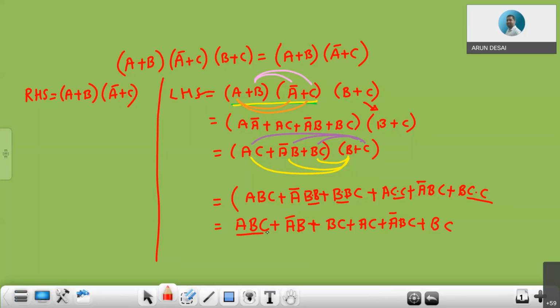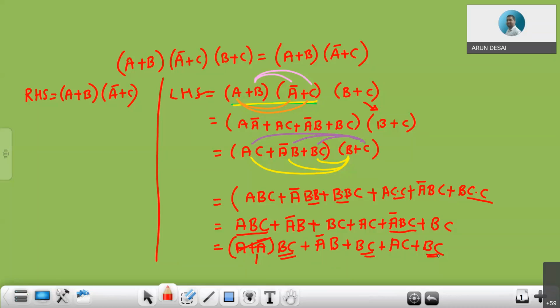Now what is common here is BC, A plus A complement BC, then A complement B plus BC plus AC plus BC, right? So many things are common here. This BC is common, three BCs are common.